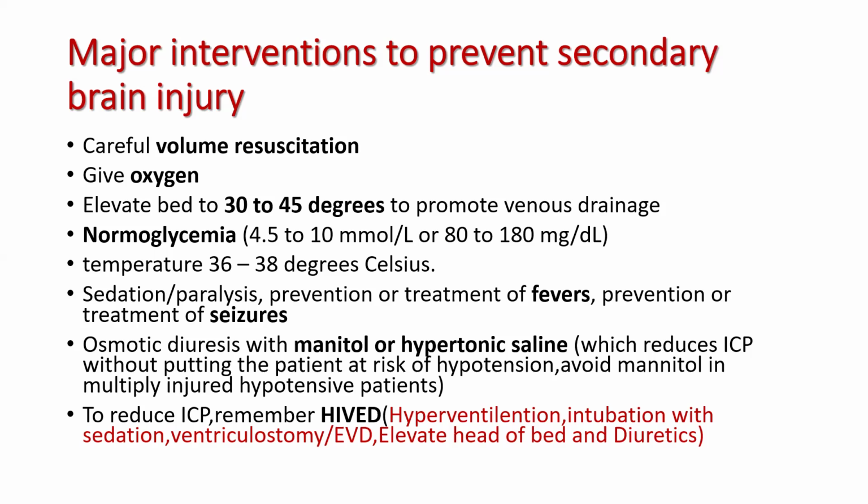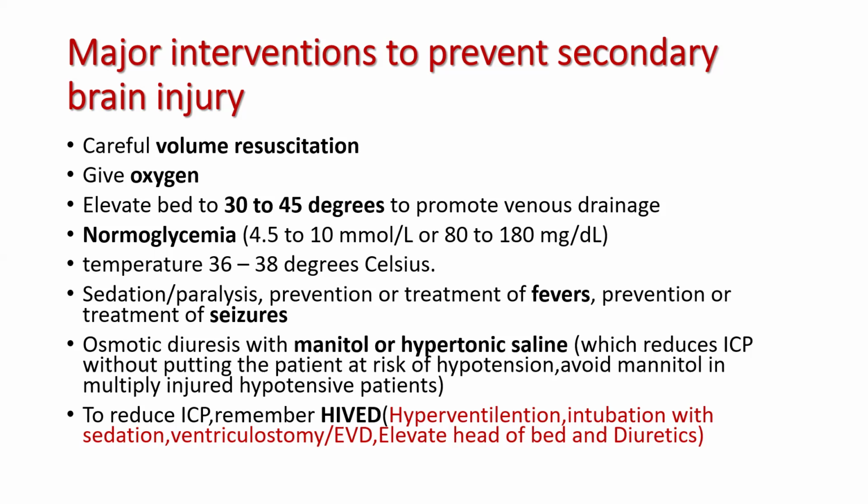So the alternative is using hypertonic saline, which reduces intracranial pressure without putting the patient at risk of hypotension. And like I already said, in multiply injured hypotensive patients whose systolic blood pressure is less than 100, you want to avoid mannitol.